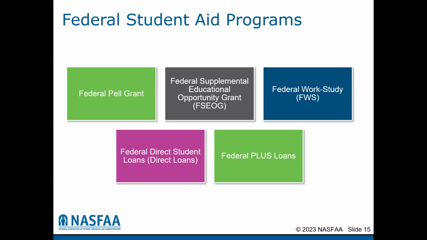Federal Plus loans are loans for parents of dependent undergraduate students and/or graduate or professional students borrowing on their own behalf. A Federal Plus loan is non-need based.